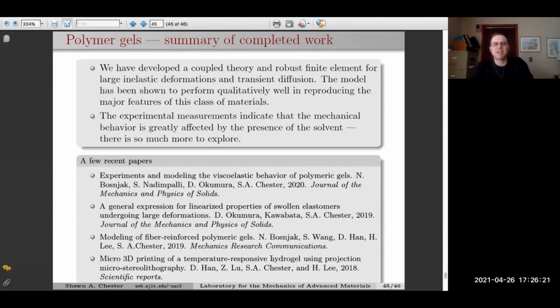So what have we done here? It's been about 10 years of work, condensed down into about an hour. We've got a theory and a finite element that can handle inelastic deformation and transient diffusion. I think it does a pretty good job at reproducing the major features that have been seen and measured.